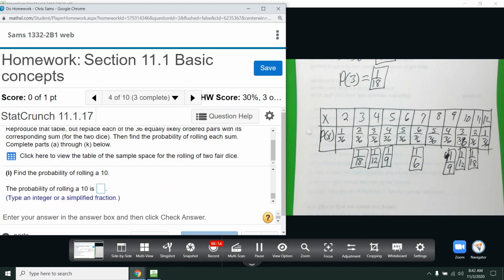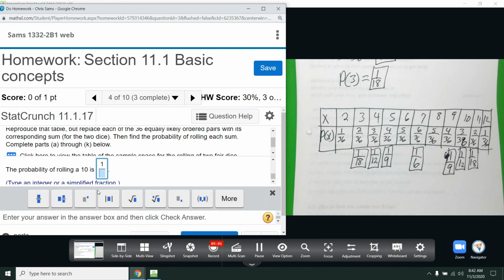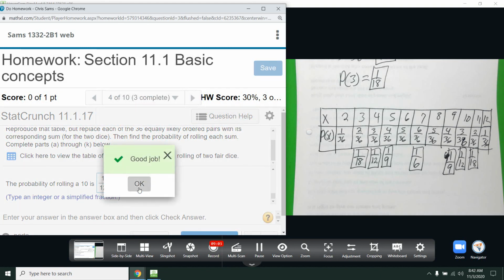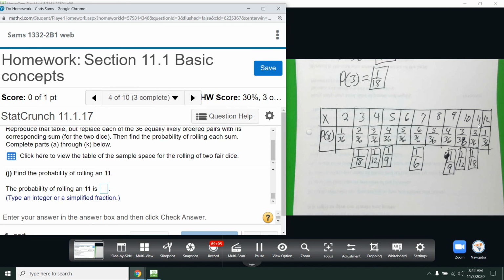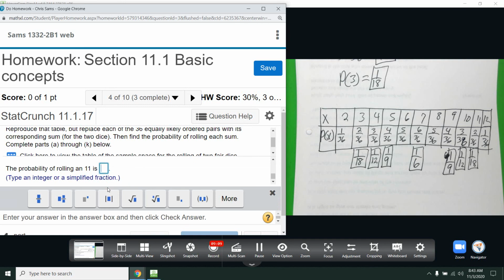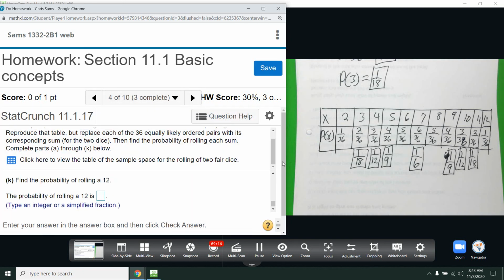Probability of a 10 is 3 out of 36, or 1 out of 12. 11 is 2 out of 36, or 1/18. And 12 is 1 out of 36, which will not reduce.